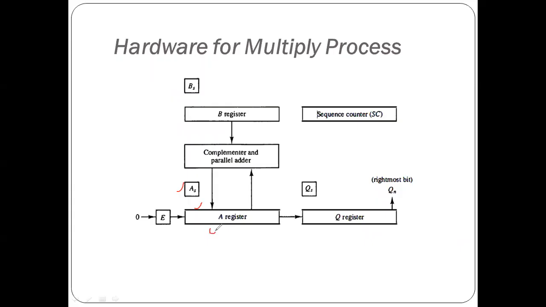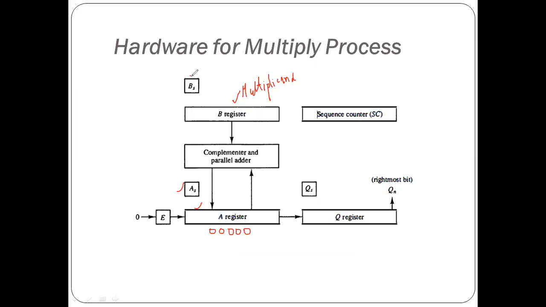Initially these are zeros, based on the number of bits of your multiplier. The number of bits in the accumulator is zeros initially. And the B register holds the multiplicand. The multiplicand is available in the B register.